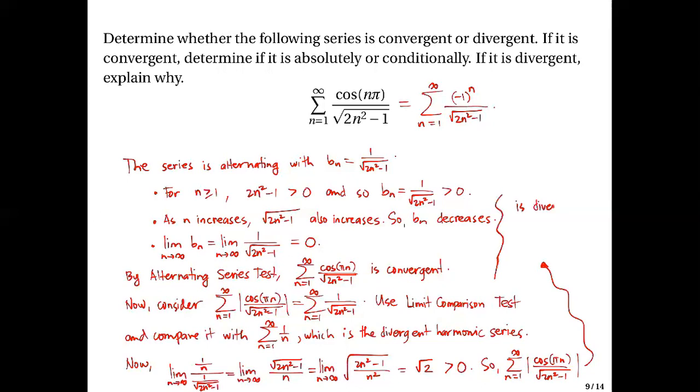Is divergent, which means that the original series is conditionally convergent. So the series cosine pi n over square root of 2n squared minus 1, n from 1 to plus infinity is conditionally convergent.